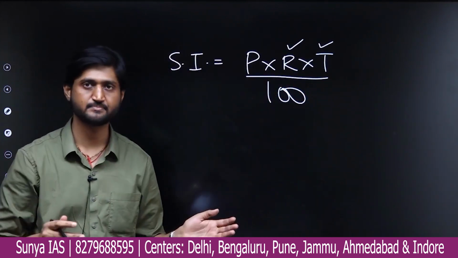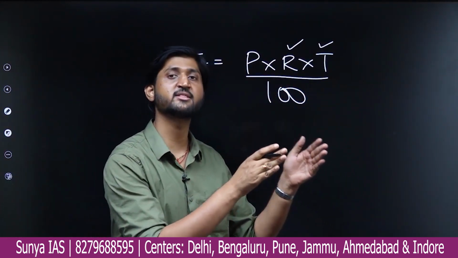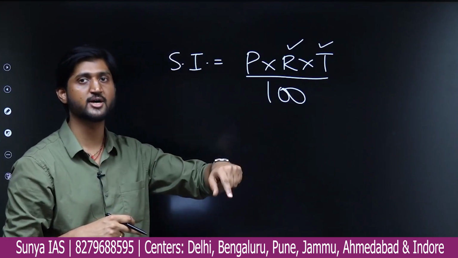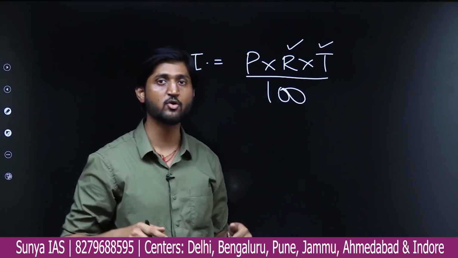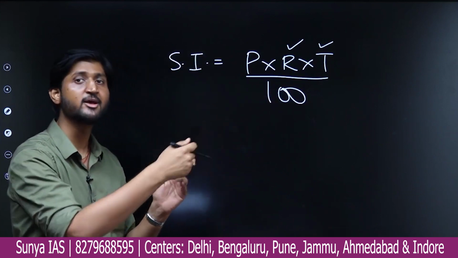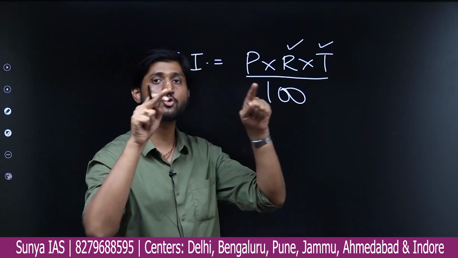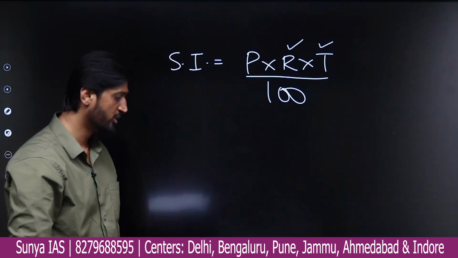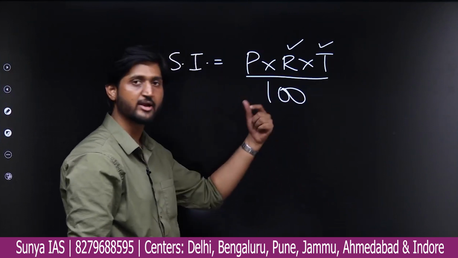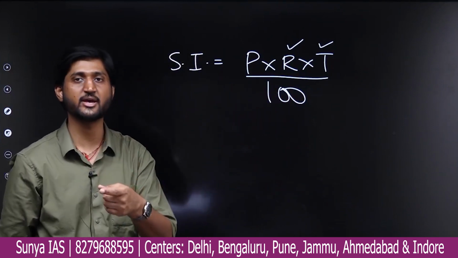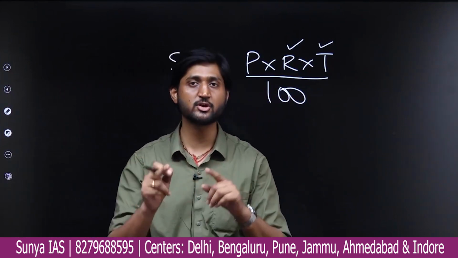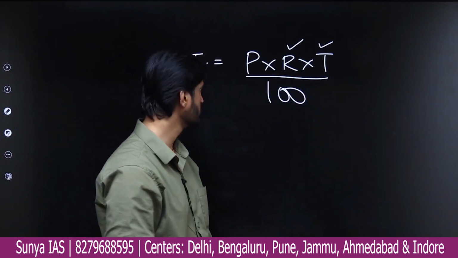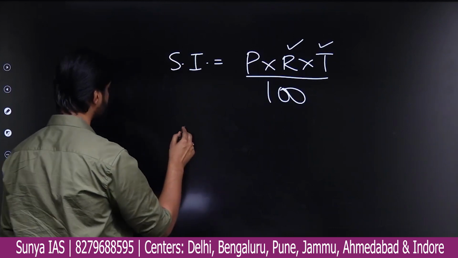Then for the second year, the interest earned in the first year will add up to the principal, and in the second year now you will earn interest for a bigger amount, which is the previous principal plus the interest of the first year. On this total amount now you will get the interest, and the money will keep on compounding. So after suppose 10 years you have earned interest, for the 11th year you will earn interest on the total principal plus the interest you earned in 10 years. That is the idea of compound interest.